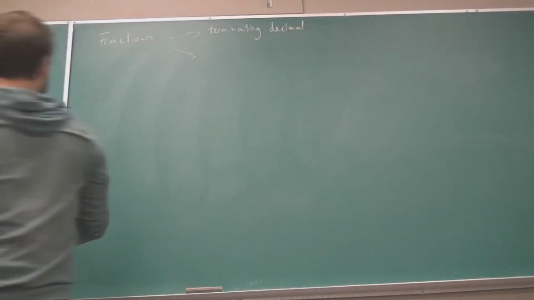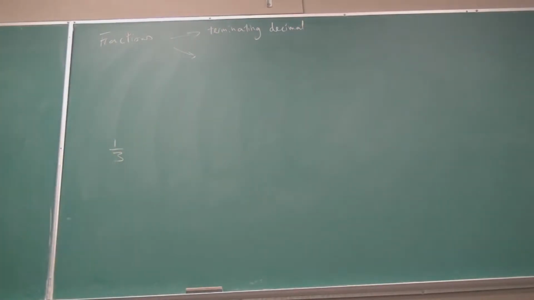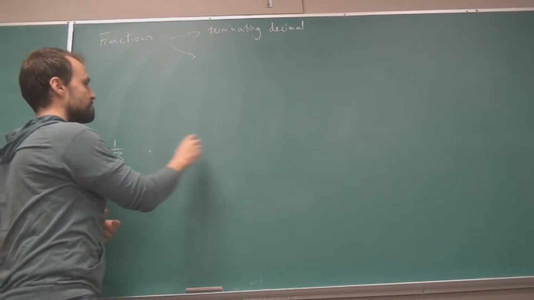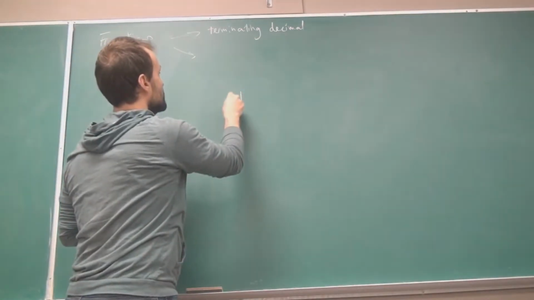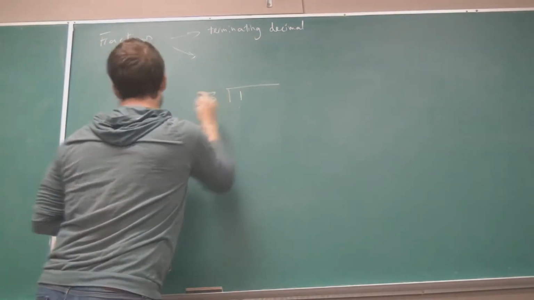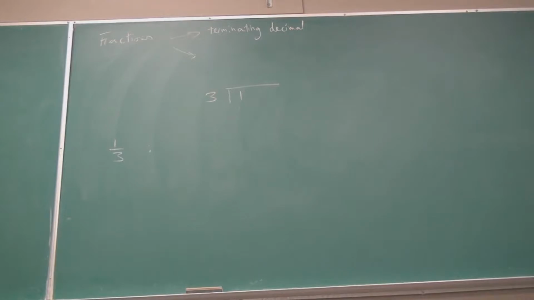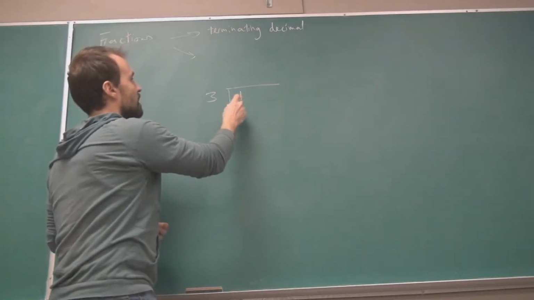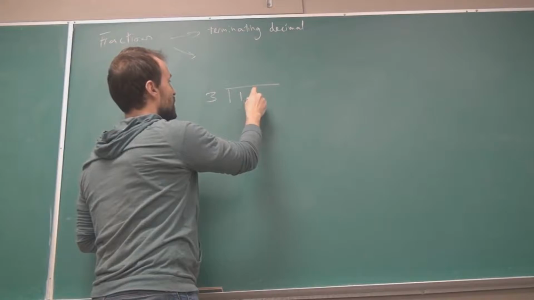But if I look at something like a third, how do I find the decimal representation? Your good friend long division is there to save the day. I'm going to move it higher a little bit, because this fraction is really representing division by integers. So we have 1 divided by 3. I know the answer is less than 1.